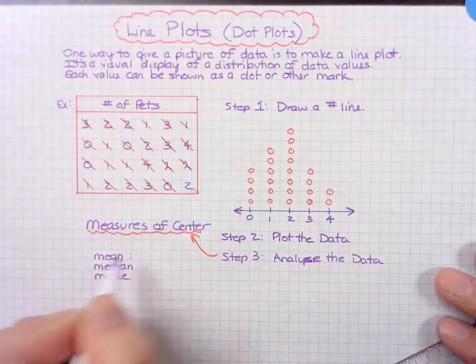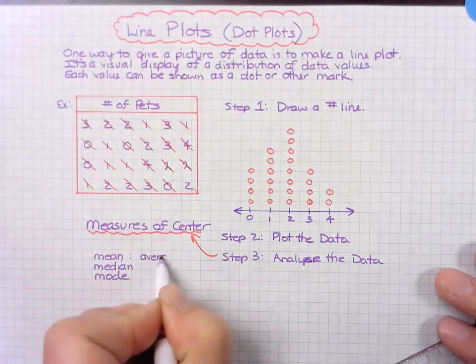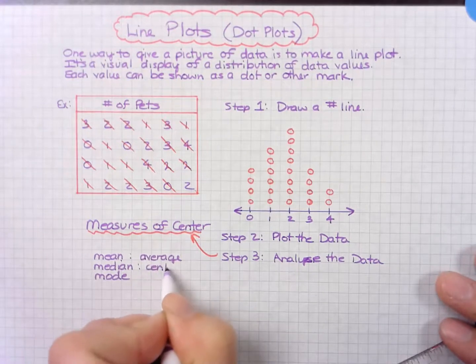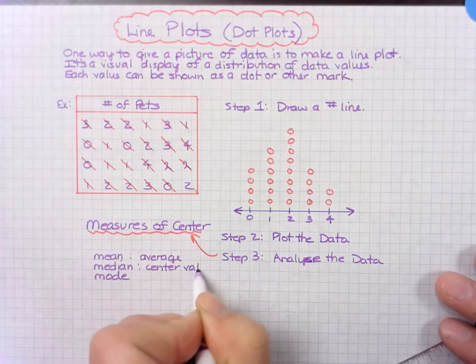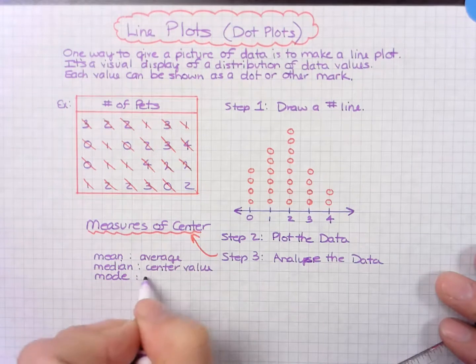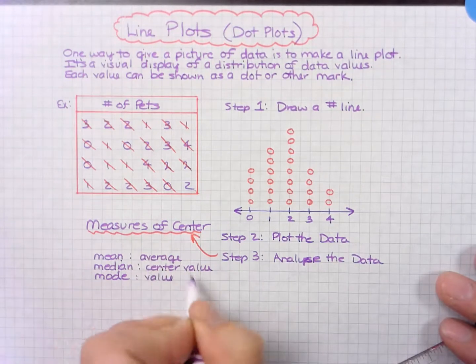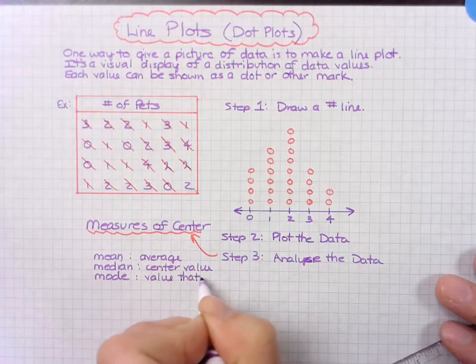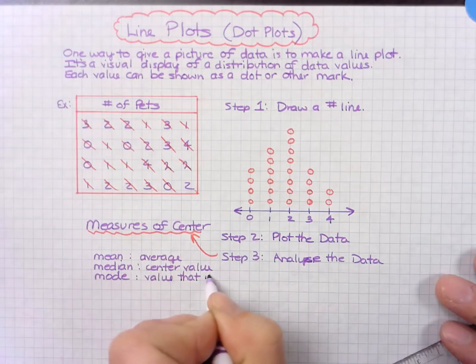Remember that the mean is our average, the median is the center value, and mode is the value that is most frequently used.